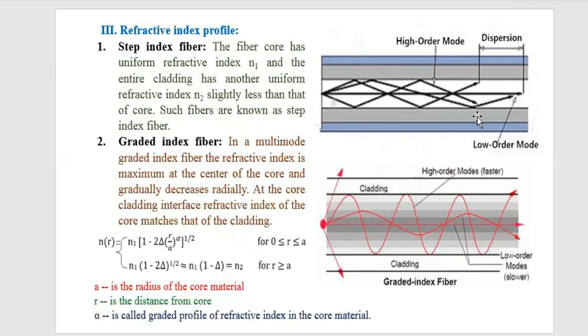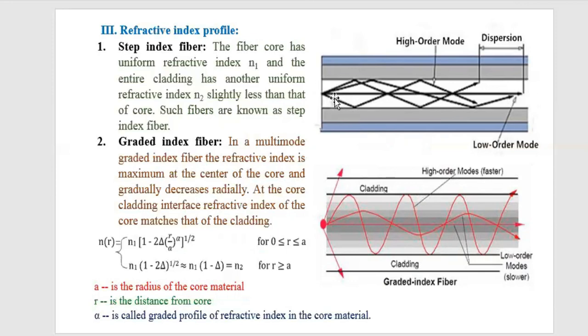So it changes like a step. One time change is observed in this step index fiber. In this step index fiber, if the core has a small diameter, only single mode transmission is seen. If the diameter is larger, that is nearly 50 micrometers, then multi-mode transmission will take place.